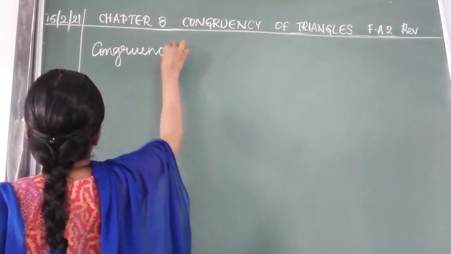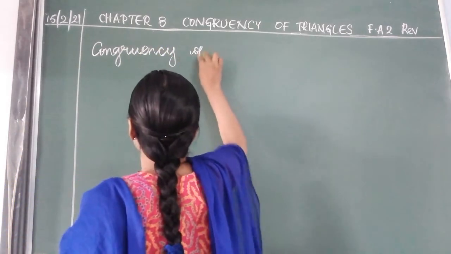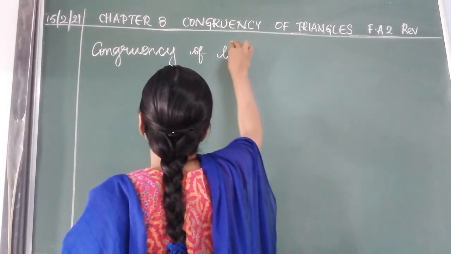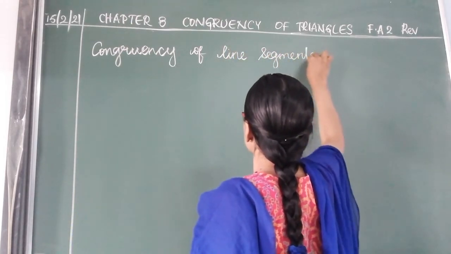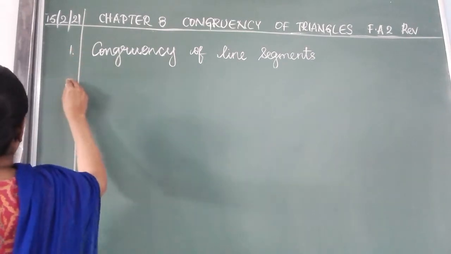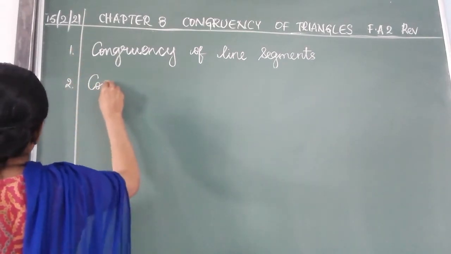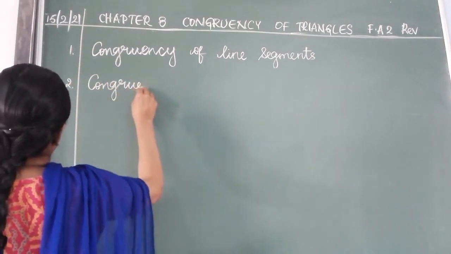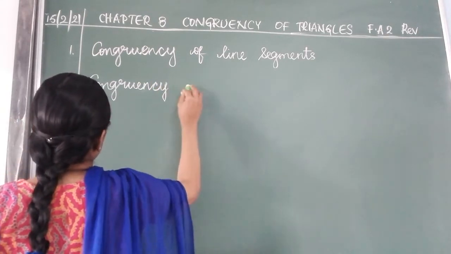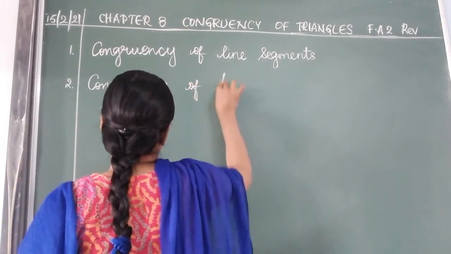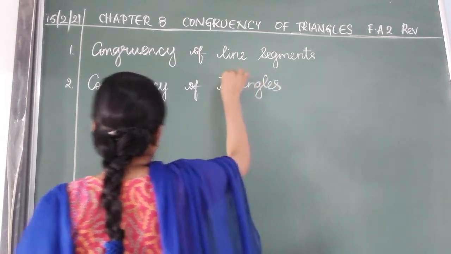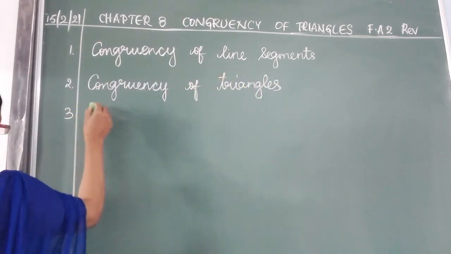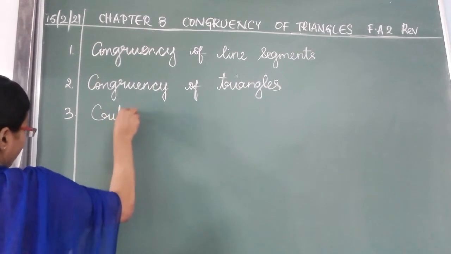Congruency of line segments. Then we have learned about congruency of triangles. What is the meaning of congruency of triangles? Then we have learned about the criteria of congruency.